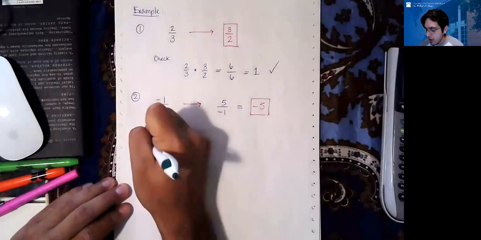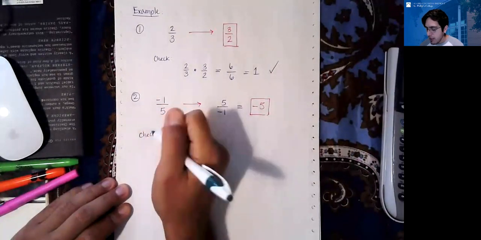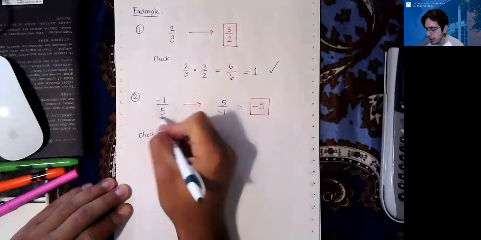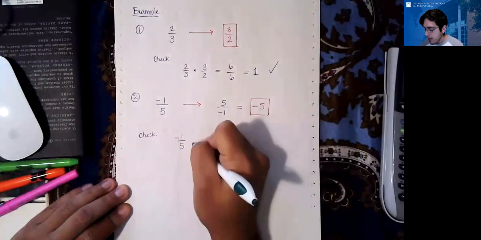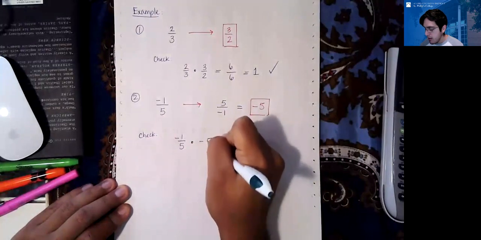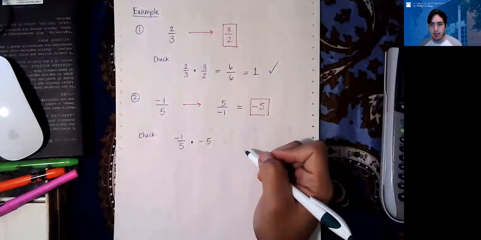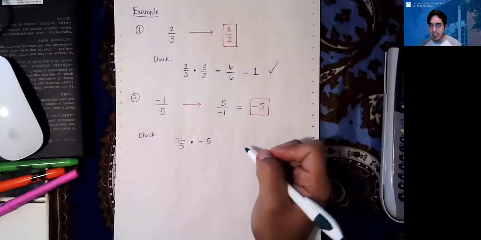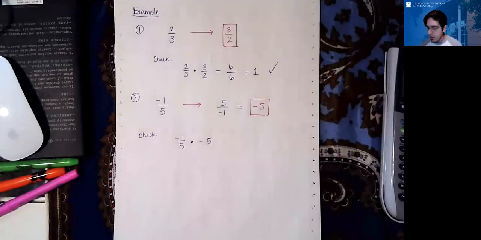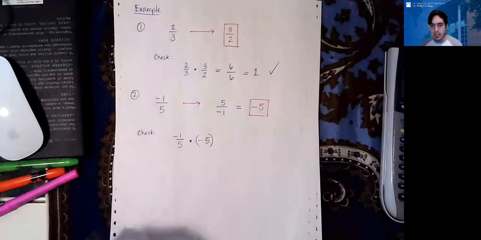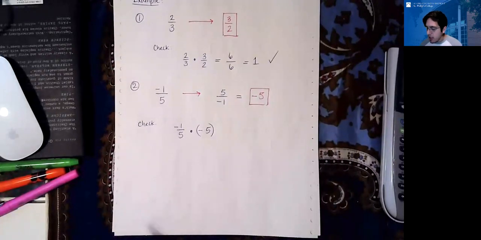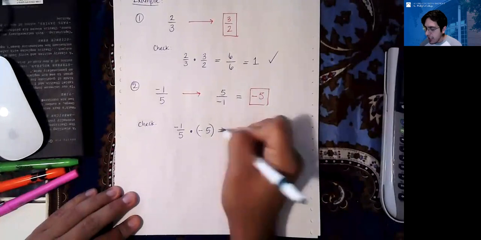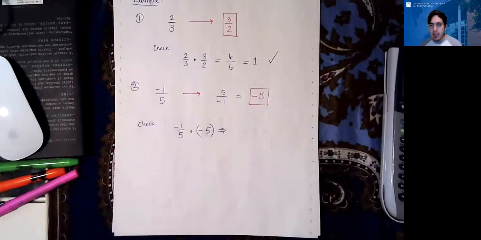Okay, so we can check that. If -5 is the correct reciprocal for this number, then we should be able to multiply them to see what we get. We should be getting 1, since a number times its reciprocal is just 1. Let me go ahead and put this in parentheses since that's a little bit confusing. To multiply these, I need to change my -5 into a fraction.